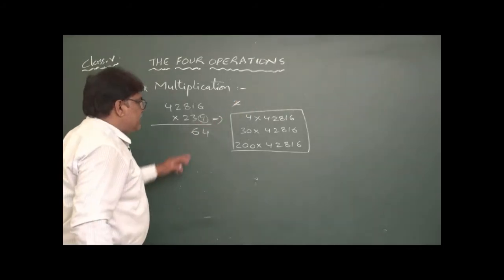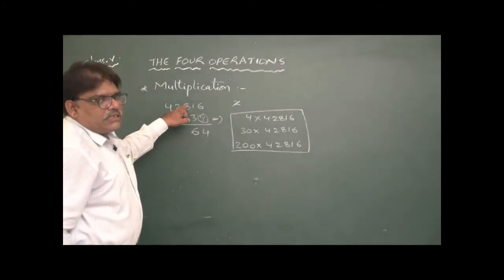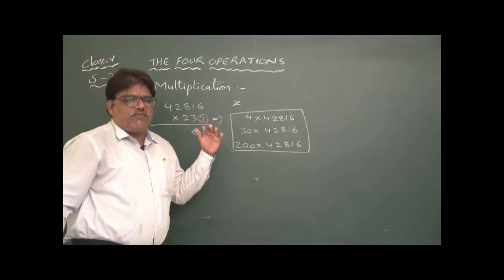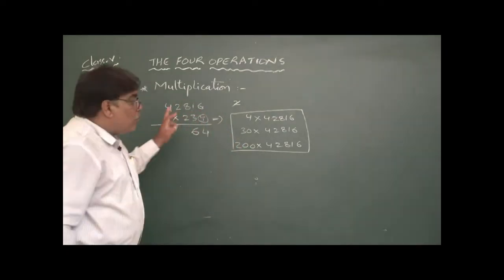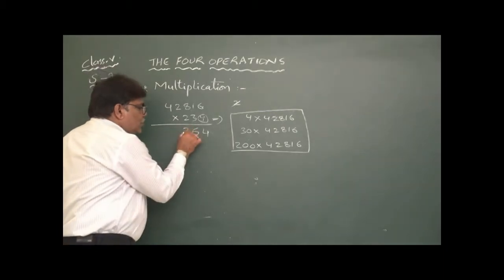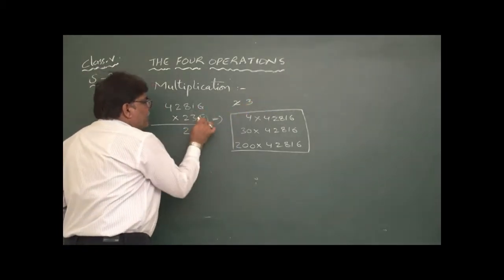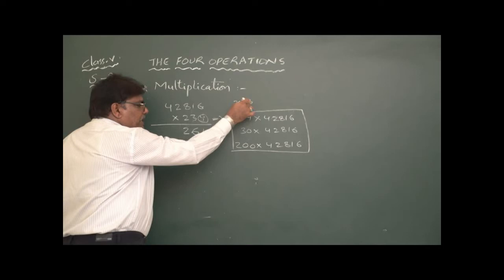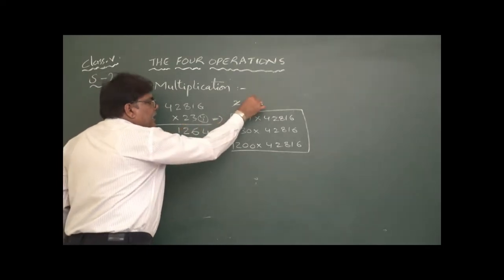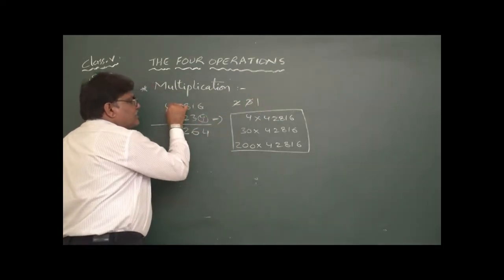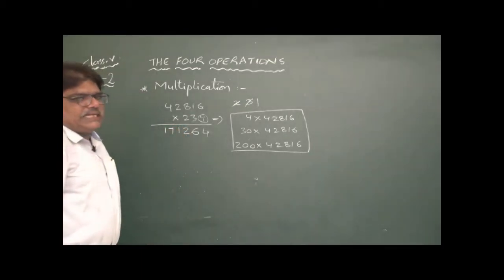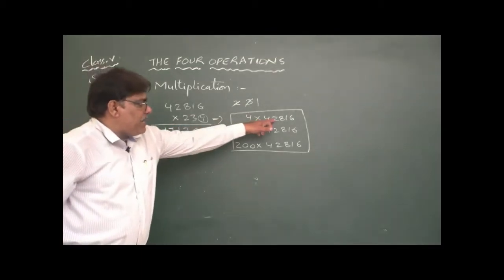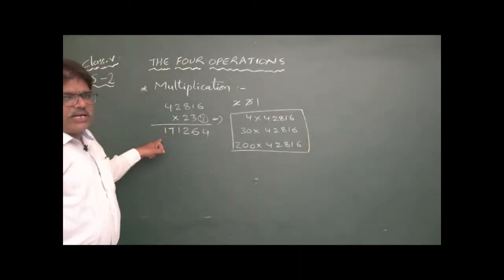There is no carry. Again 4 8s are, yes, you already know the 4 table, 32. We should always keep the ones place value, 2 carry 3. 4 2s are 8 plus 3, 11. 4 4s are 16 plus 1, 17. Like this, if you multiply by the ones value, you get all these numbers.